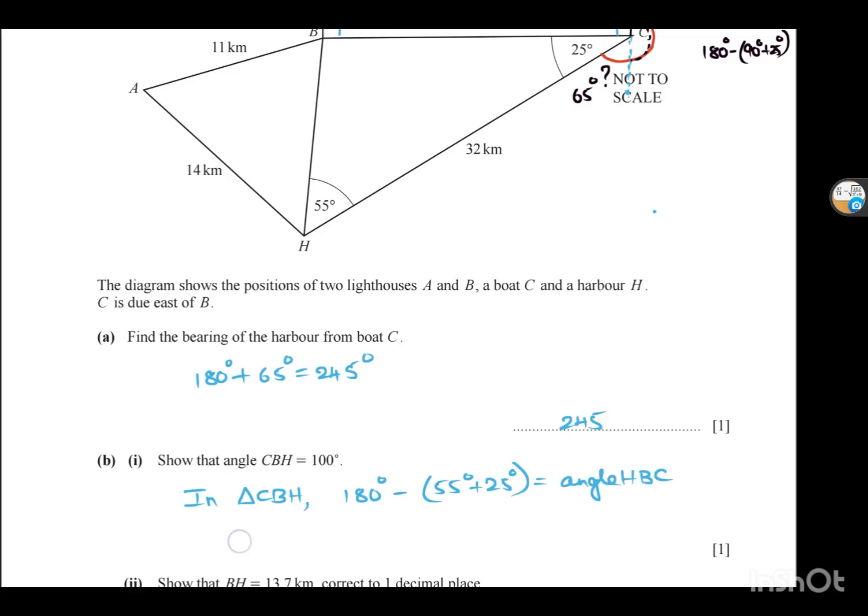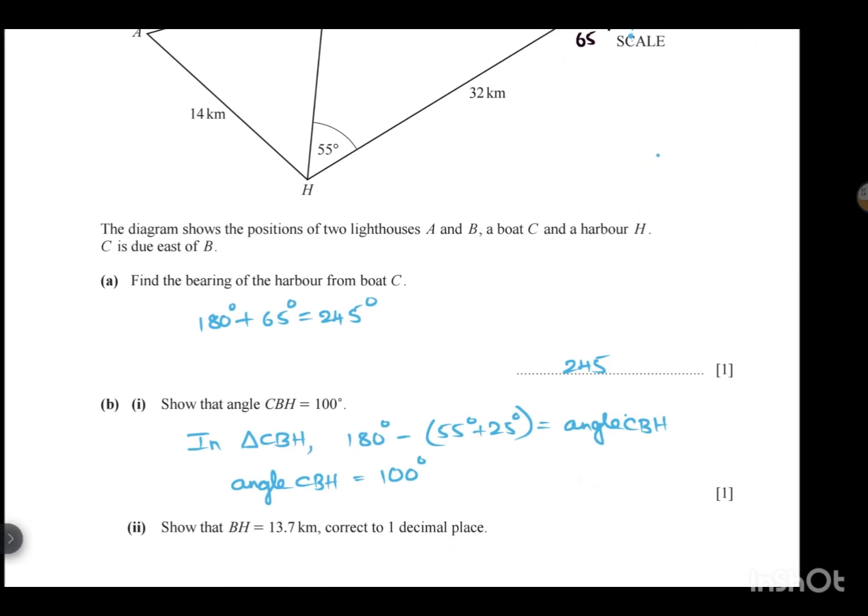So angle CBH is equal to 100 degrees. Question B1 is done.